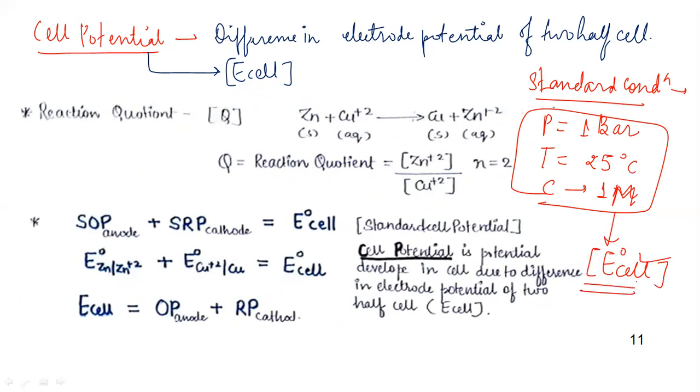Now, how can we measure E cell? With the help of oxidation potential and reduction potential.